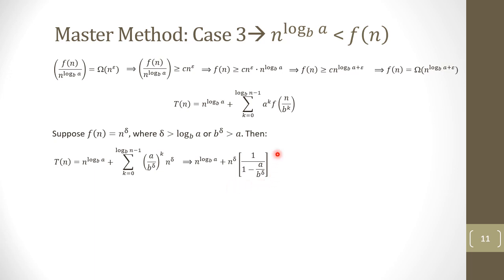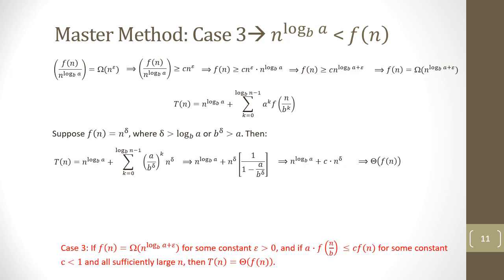And since this whole part here is a positive constant, we just replace it by a positive constant c. And now, since delta is greater than log base b of a, this term of n to the power of delta will be greater than n to the power of log base b of a. Hence, we will have theta of f of n. Here f of n is equal to n to the power of delta.